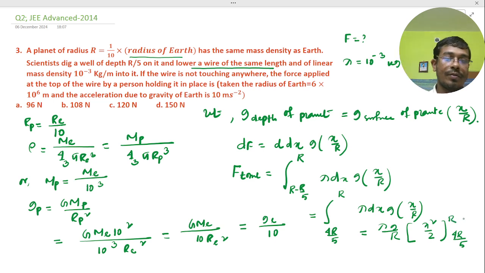Afterwards we put in all the values given.